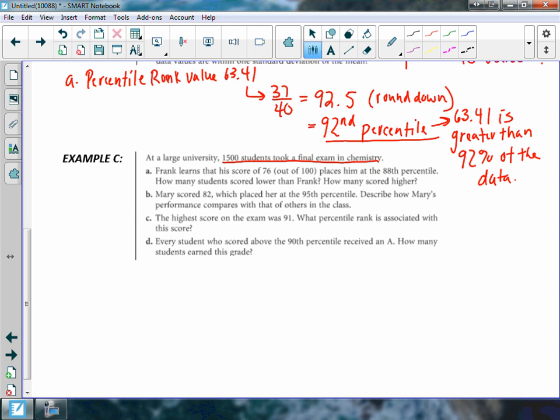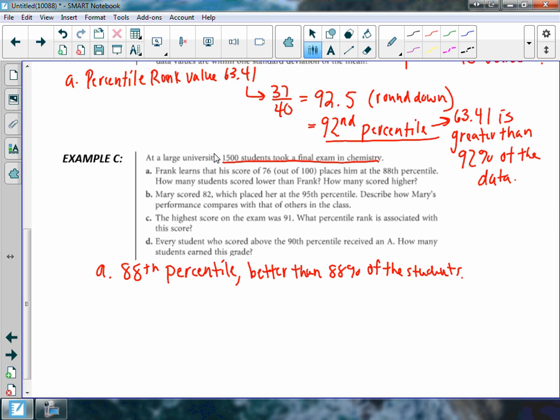We know that Frank is in the 88th percentile, which means he did better than 88% of the students.